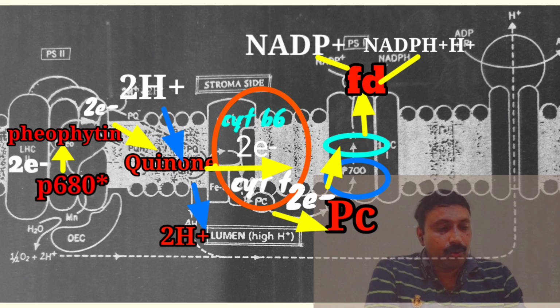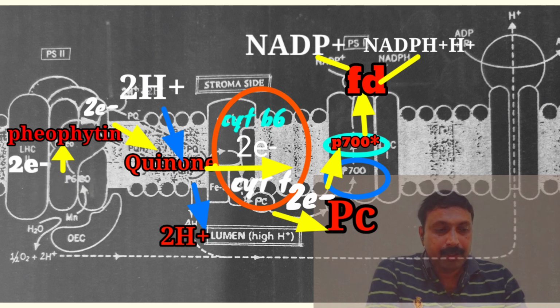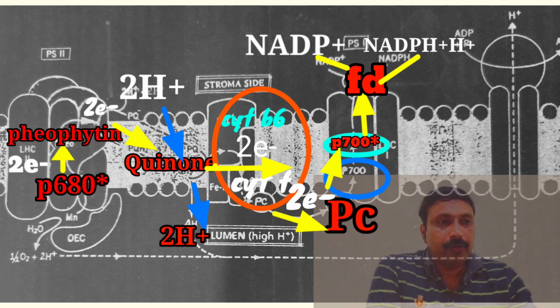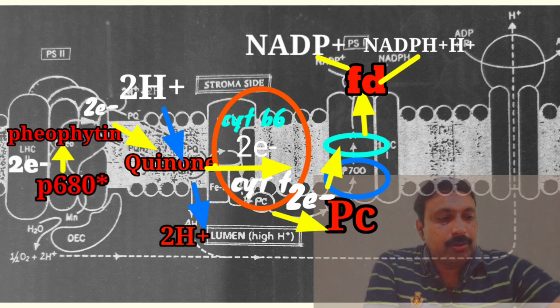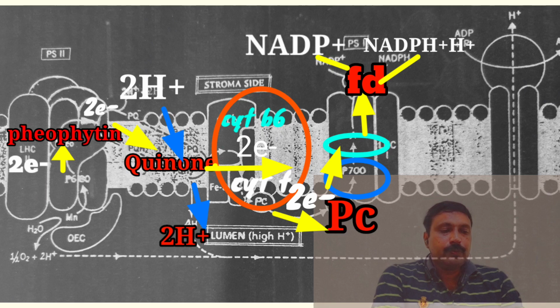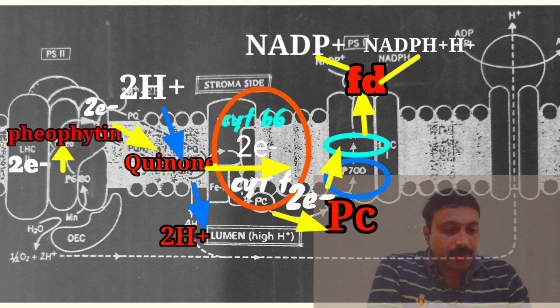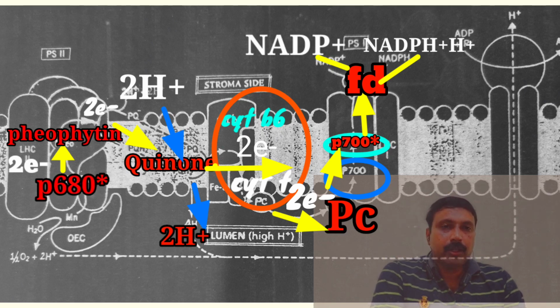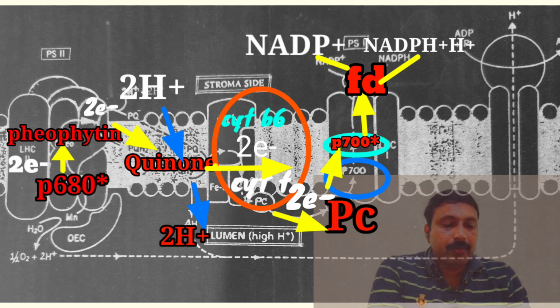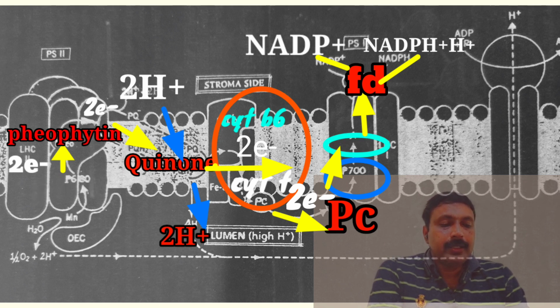But you know, here the electron deficiency in photosystem 1 arises because the electrons are donated to ferredoxin and then to NADPH2. So the electron deficiency present in photosystem 1 is compensated by the electrons released from plastocyanin.